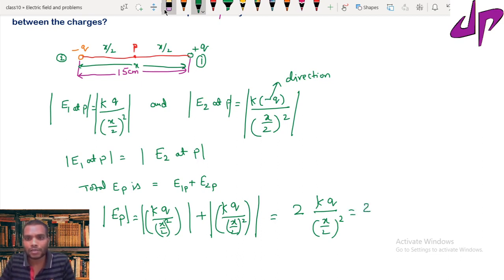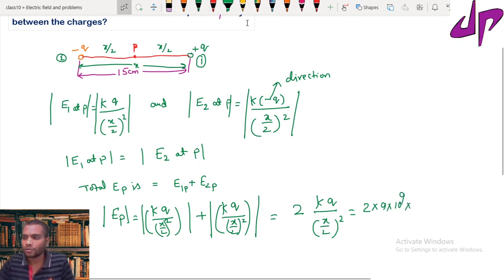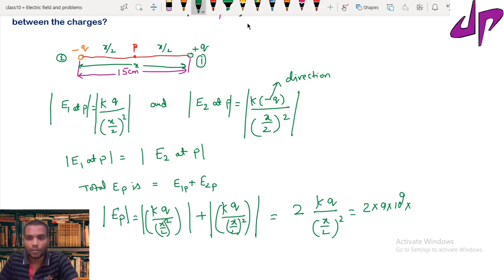K value 9 times 10 power 9, and the magnitude of the charge Q equal to 2 times 10 power minus 7 coulomb, divided by x. Here x is 15 centimeter. You can convert that into meters and divide by 2.